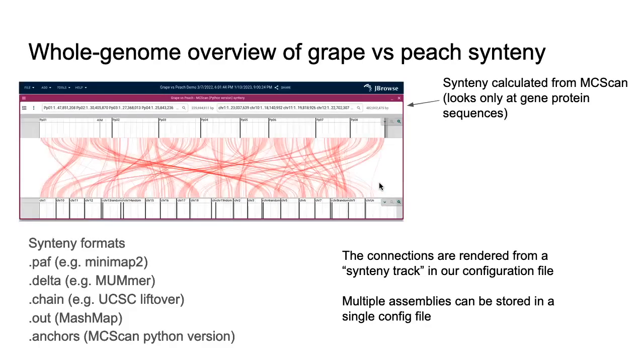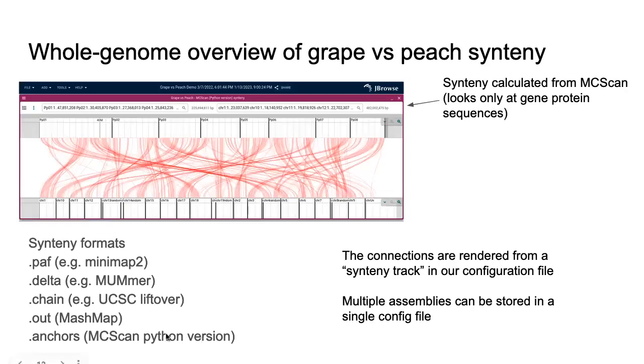And now we can get into some of the features that we're doing for comparative genomics, which I often just refer to as synteny, but there's a little technicality behind that, but I'll just call it synteny visualization. So this is a data example that we like to use a lot. It's this grape versus peach genome. And this is looking at data that was calculated from the MCscan program.